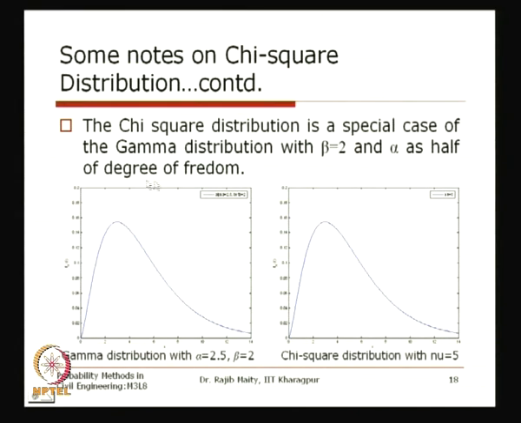Now, the gamma distribution has 2 parameters: beta is 2 and alpha is half of the degrees of freedom, that is 2.5. If we plot a gamma distribution with alpha equals 2.5 and beta equals 2, we get exactly the same PDF as for the chi-square distribution with 5 degrees of freedom. So this is the relation between the chi-square distribution and the gamma distribution.